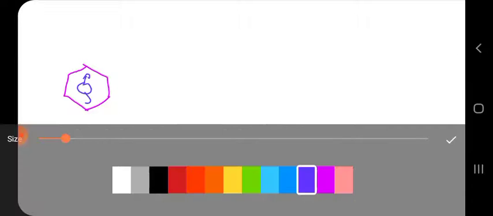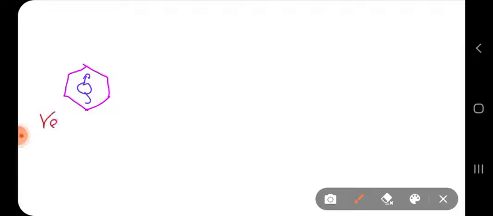So for example, let us draw. This is a vector virus with a defective envelope gene.